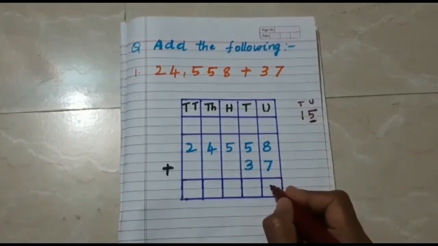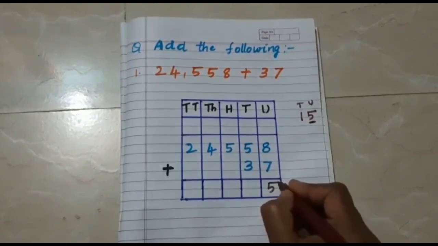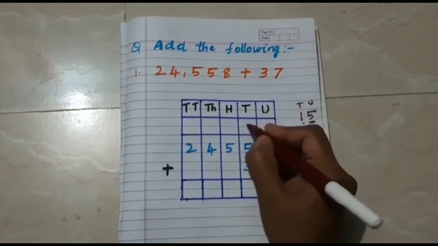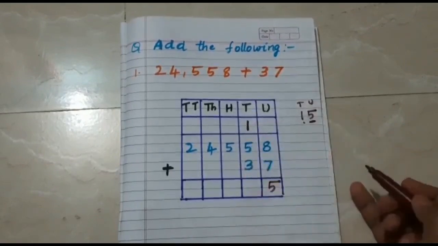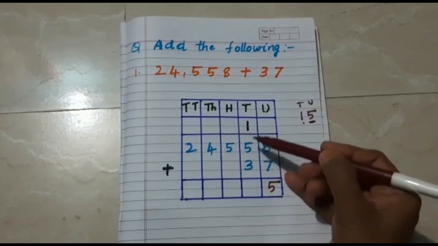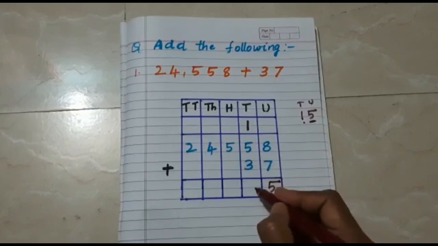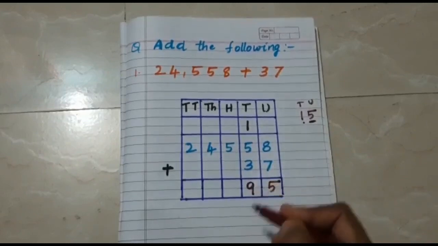So I will be writing the digit which corresponds to units. So it is 5 and this 1 I am going to carry it over here. This one I am going to add with 5. So 1 plus 5 is 6. 6 plus 3 is 9.